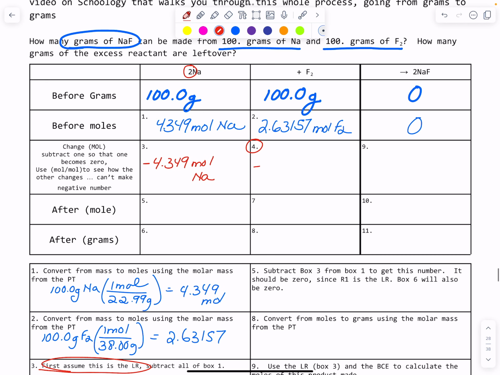So I would use up, so that's another subtraction, 2.17485 moles of fluorine.